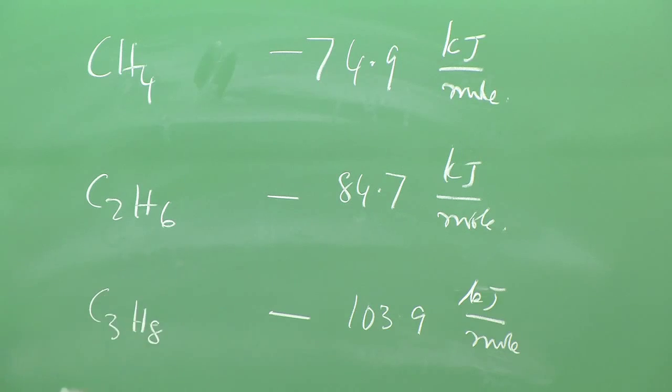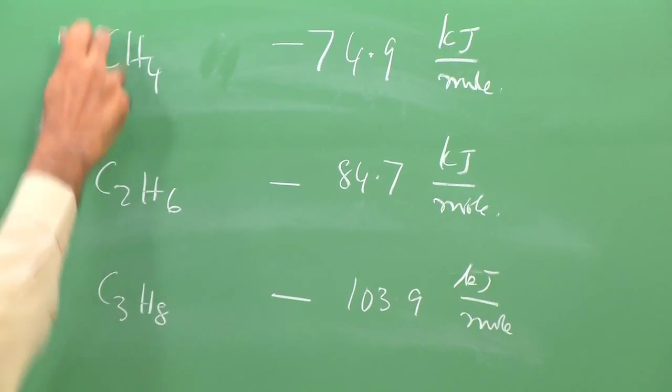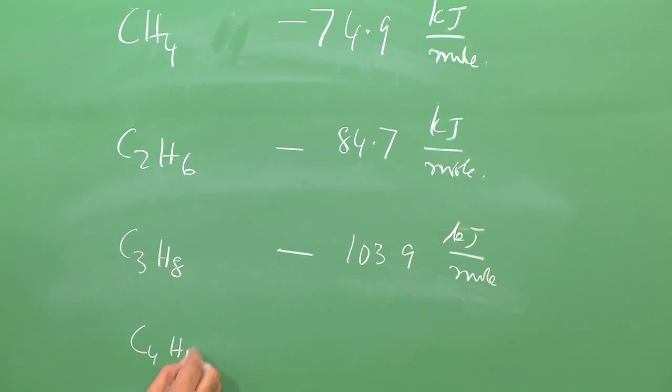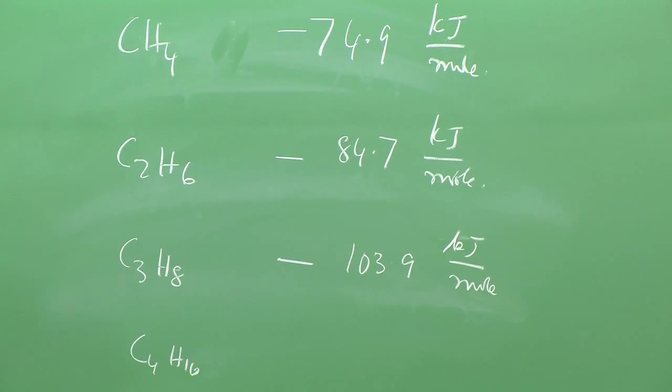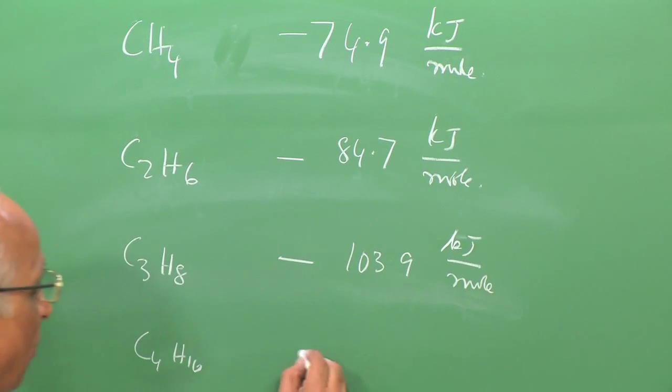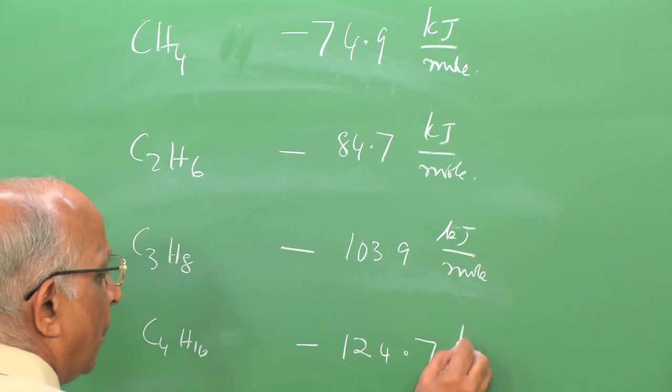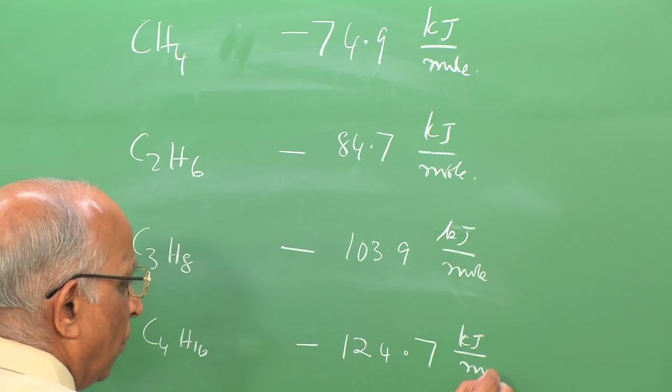I come to the last category. These are all alkanes: methane, ethane, propane, maybe butane, C4H10, and so on. We will stop with these hydrocarbon chains with this minus 124.7 kilojoule per mole.